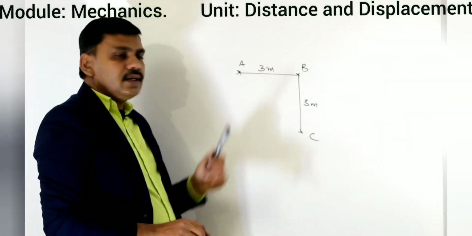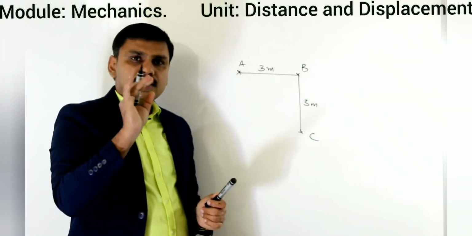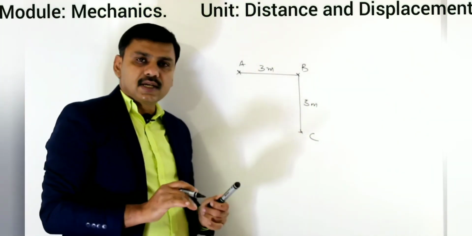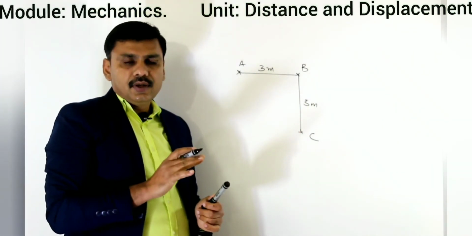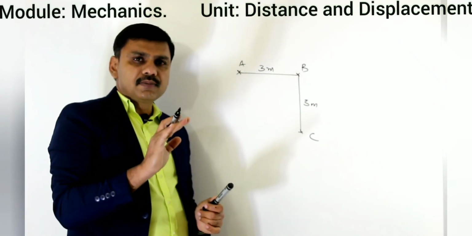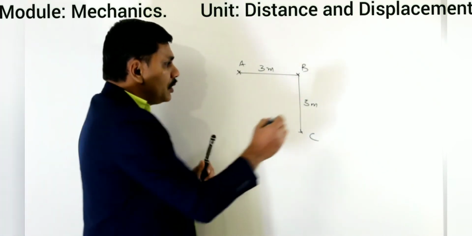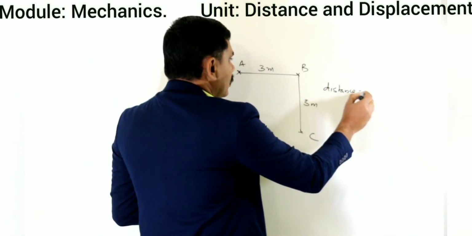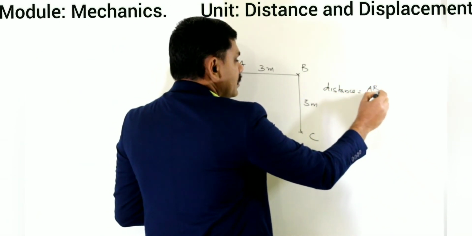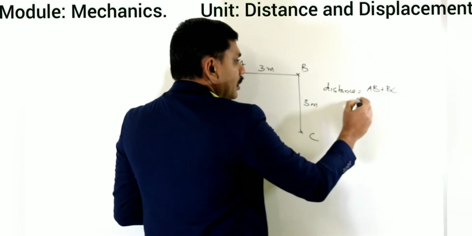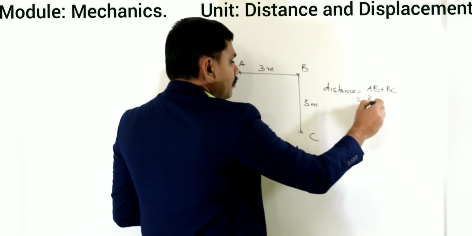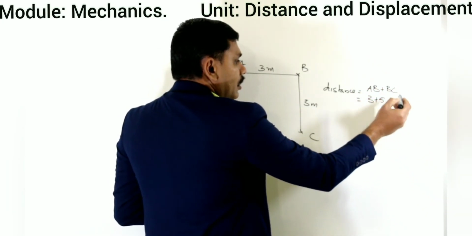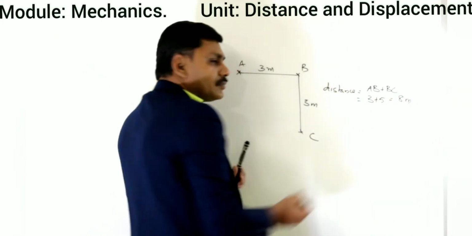Initially the object was at A, finally the object is reaching C. So what is the distance and displacement in this motion? Distance is equal to AB plus BC. That is the path covered by the object. 3 plus 5 equals 8 meter.